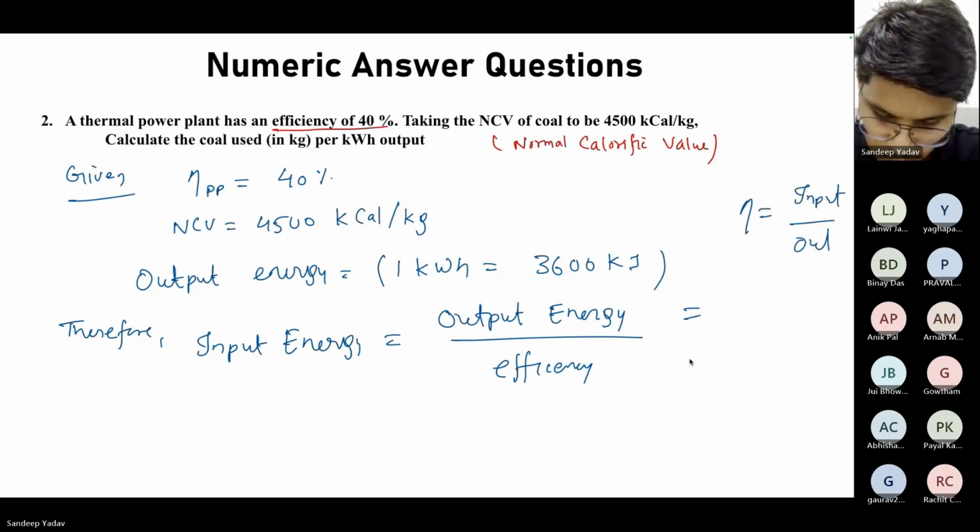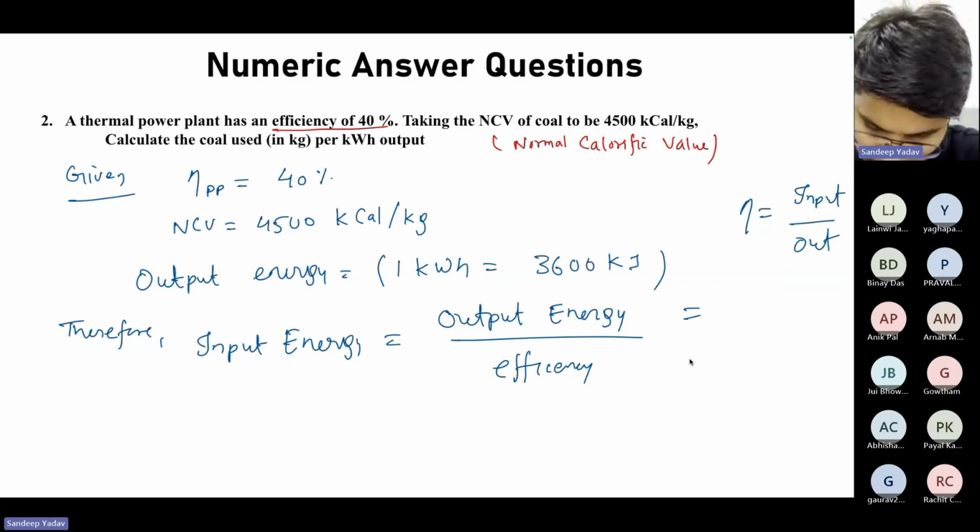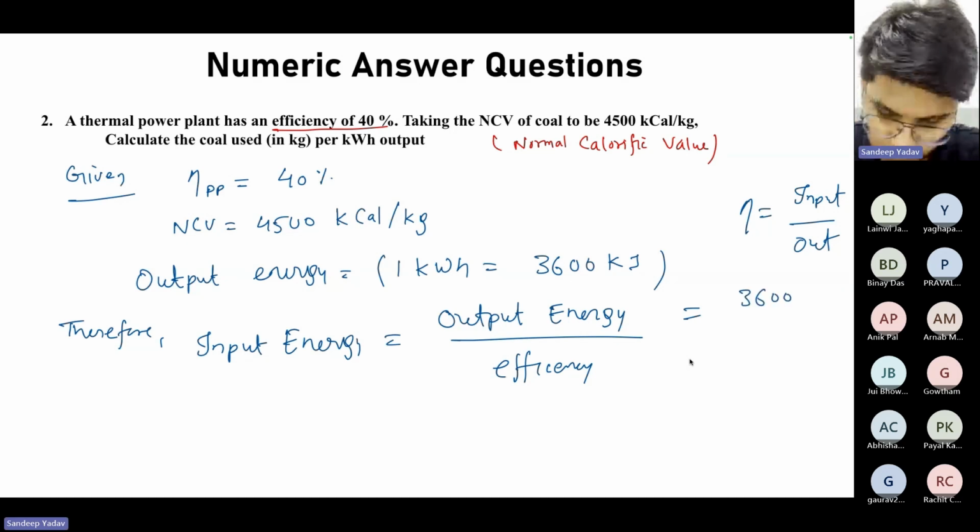So what is the input energy? Output energy is 3600 kilojoule.